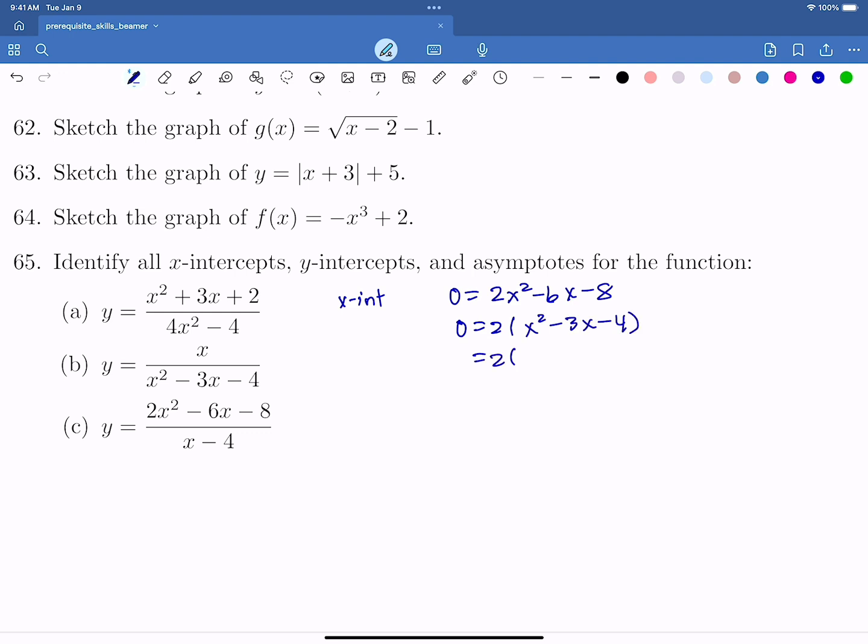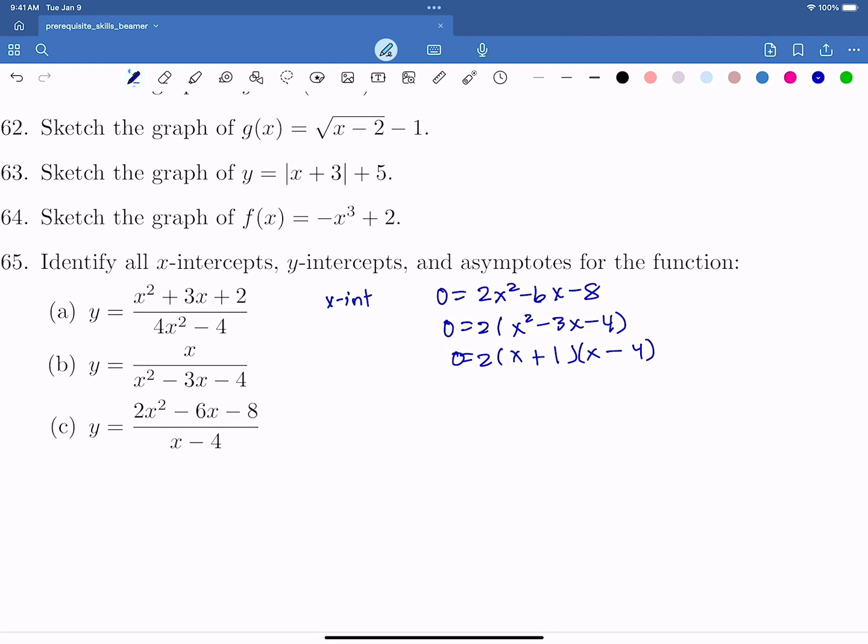Is that factorable? It's x minus 4 times x plus 1. Yeah, looks good. So we get x equals negative 1, x equals 4. So x-intercepts: negative 1, 0 and 4, 0.